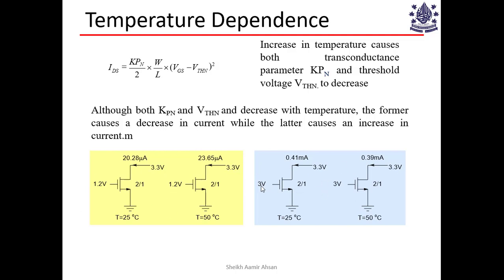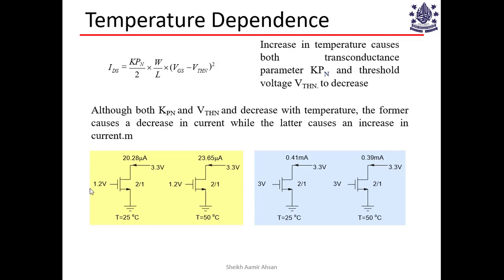Now we are working at 3 volts gate and the source is grounded, and 3.3 at drain. Same transistor, 2 by 1 is the W by L. So this is the current that is flowing at room temperature, 0.41 milliamperes. What about 50 degrees centigrade? The current reduces in this case, 0.39 milliampere.